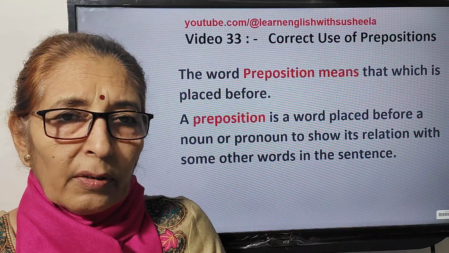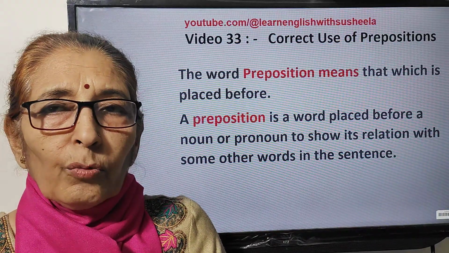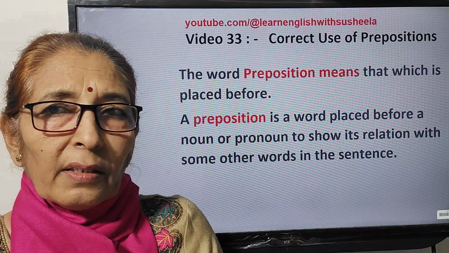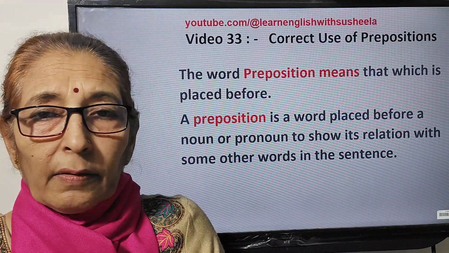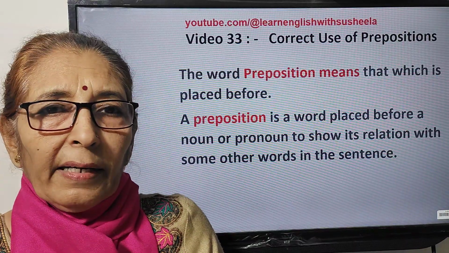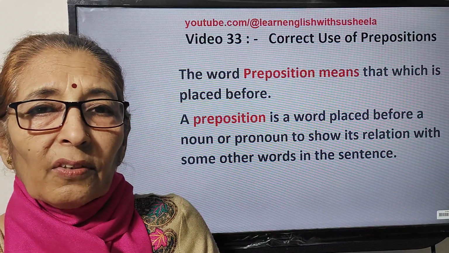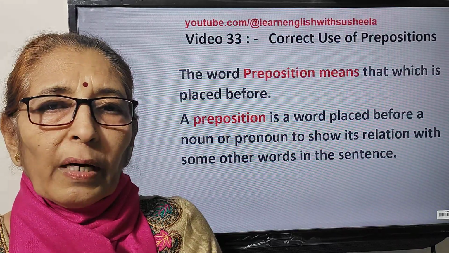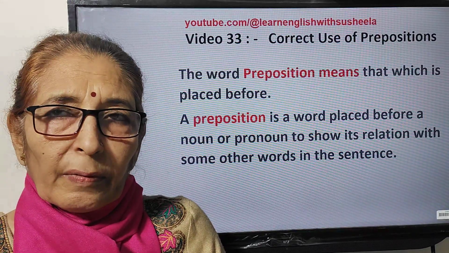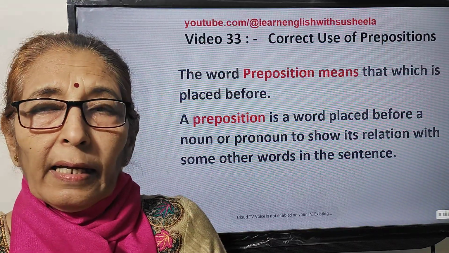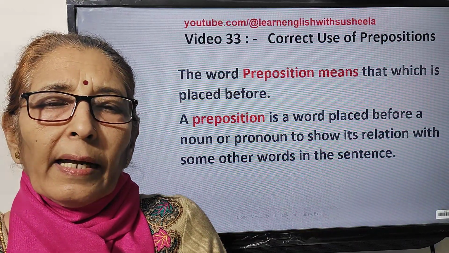It is the word placed before a noun or pronoun to show its relation with some other words in the sentence. Today I'll explain kinds of prepositions, use of prepositions at the end of the sentence, and the words followed by prepositions. The word preposition is made of two words, pre and position.